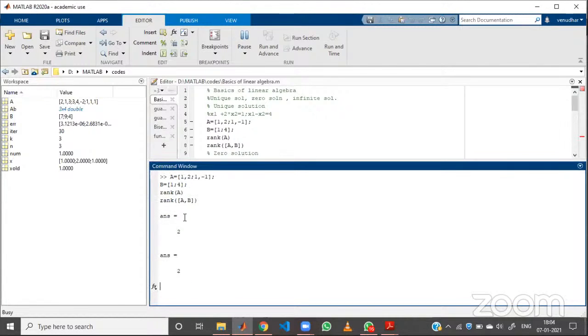The rank of the matrix A is 2 and the rank of the augmented matrix [A B] is also 2. So in this case, we will have a unique solution.